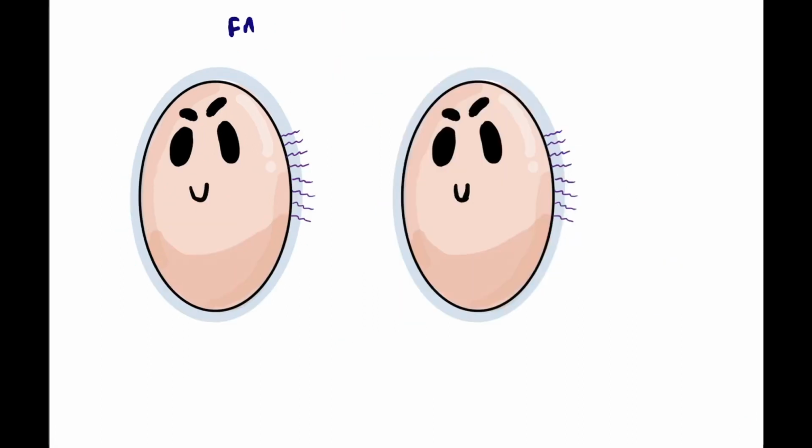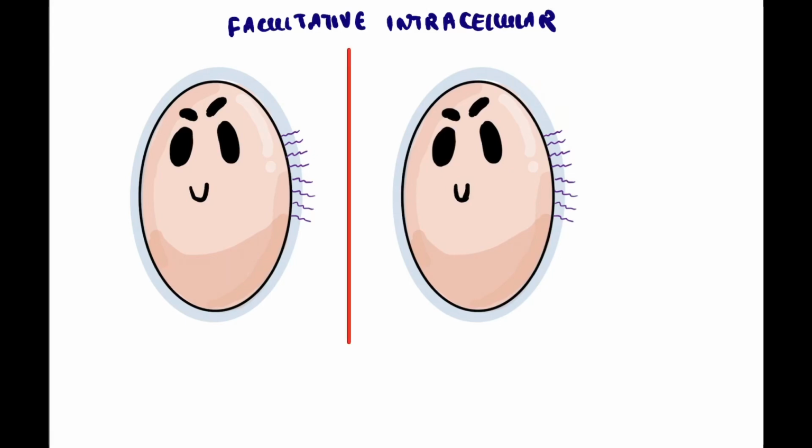As these bacteria are facultative intracellular bacteria, they can survive inside the host cell happily as well as outside the host cell happily. These are oxidase and urease negative bacteria, so they do not have enzymes like oxidase and urease.